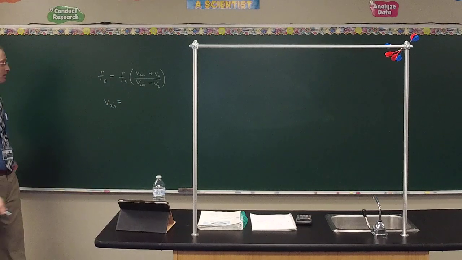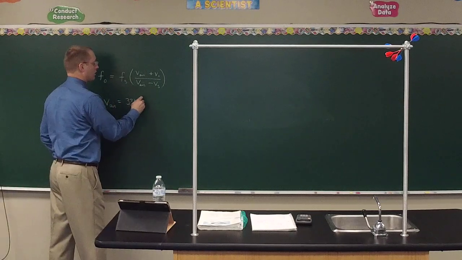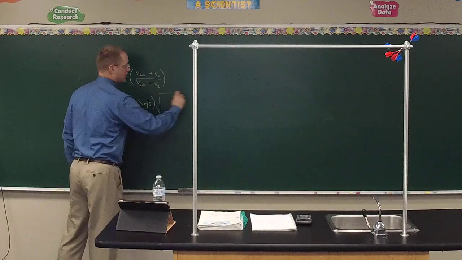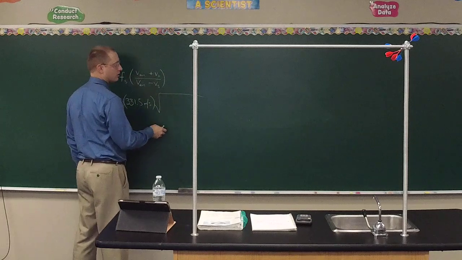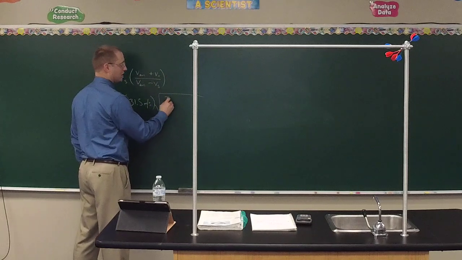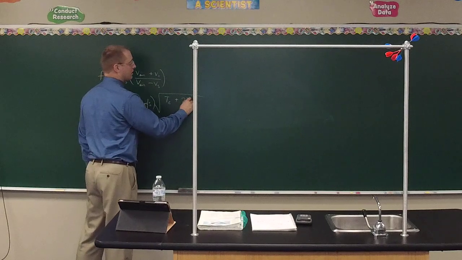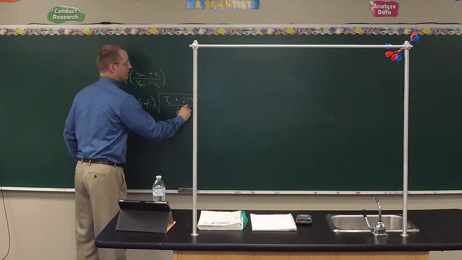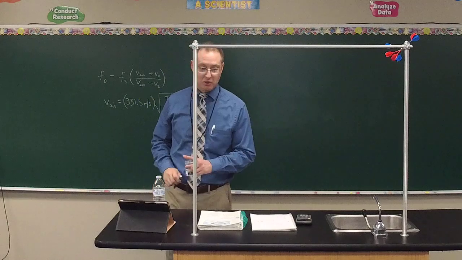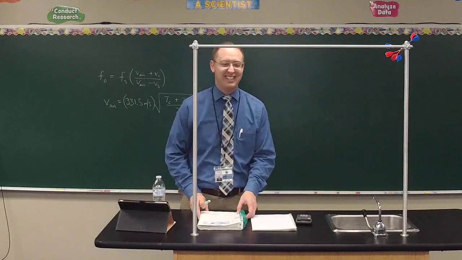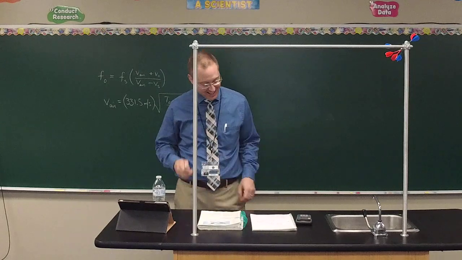It's 331.5 times the square root of T sub C plus 273 over 273. There we go, good. And for the record, she did do that without looking at her book. So it's right there below the piano. But she did not look at the book while she was doing it.